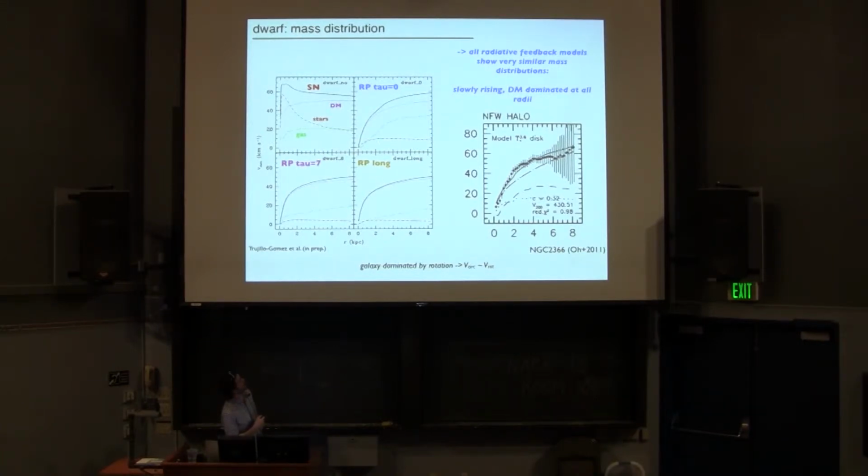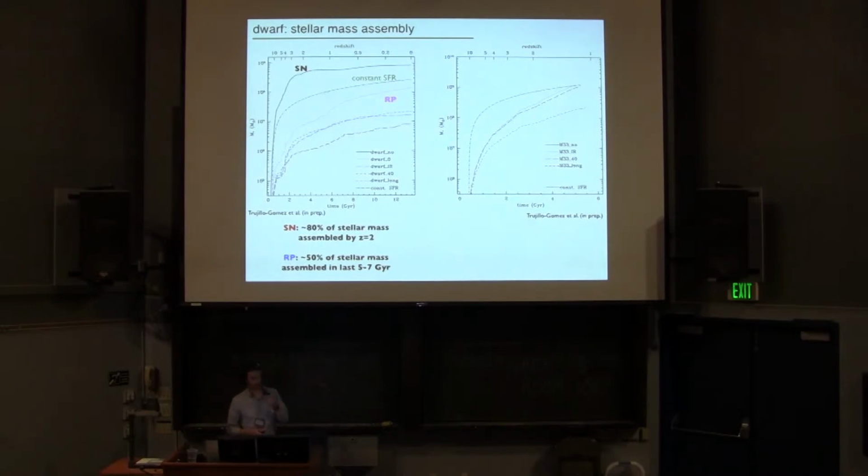The baryons are always dominated by gas, with a very small contribution from the stars. Here's what a typical dwarf looks like in mass models, where they can actually constrain the contribution from the stars. We see that all the terms are about right. The rotation velocity as a function of radius is also pretty well reproduced by the models with radiation pressure.